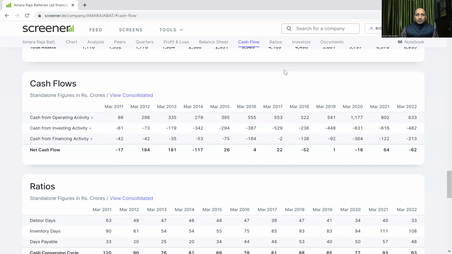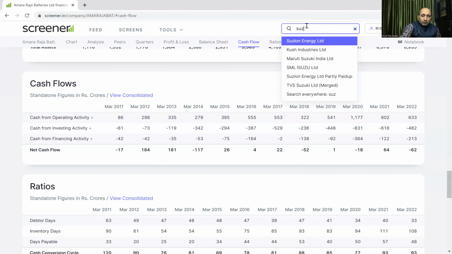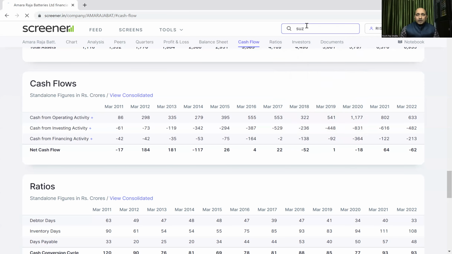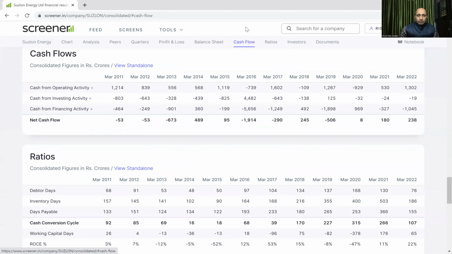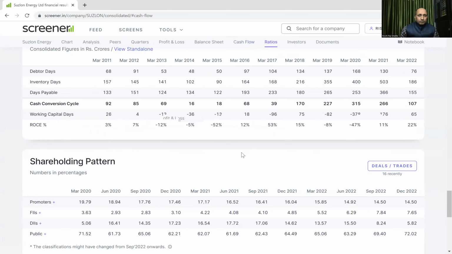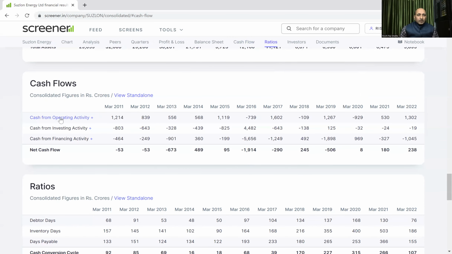Let us see another company like Suzlon, as we have seen earlier. Here we can see that in the earlier days when the company was good, there is huge positive cash flow. But from 2016 there is a big negative, again in 17 positive, maybe they have sold something.